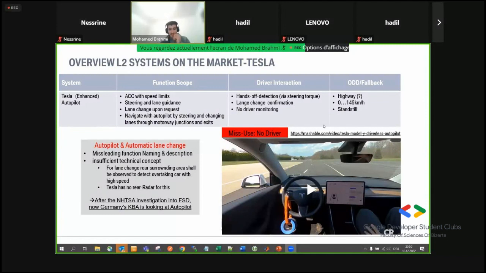What you see in this video is that this guy is not sitting there at all and is just putting some stuff on the wheel, so that the car thinks the driver has his hands on the wheel, and by this he was able to drive the car completely without being on the driver's seat. This is not intended to be like this. That's why it's misuse.